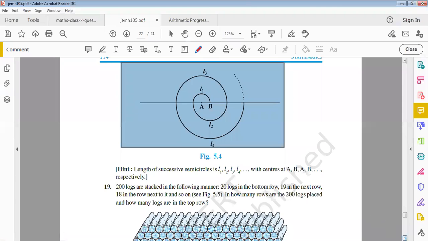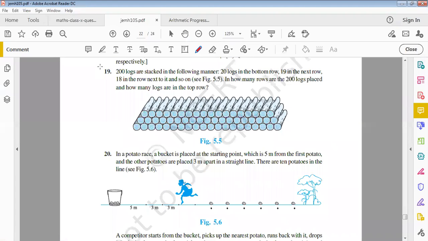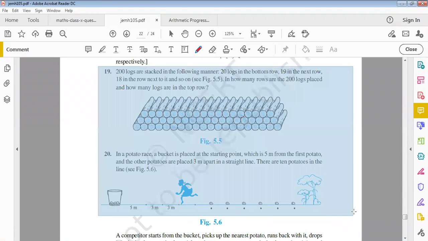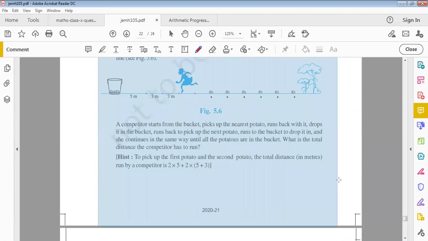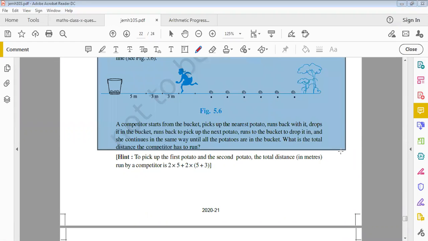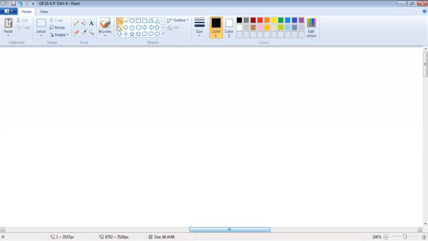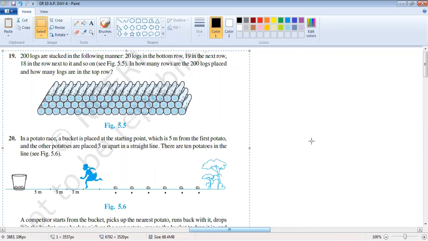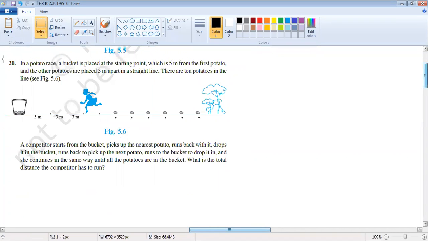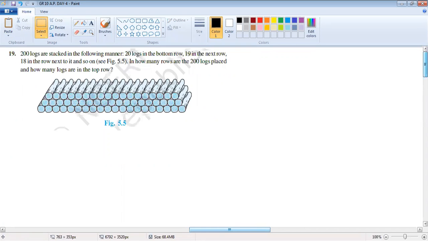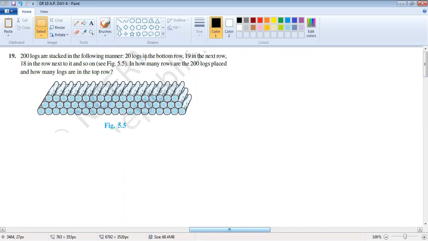Right. Now, next one, there are two more models. 200 logs are stacked in the following manner: 20 logs in the bottom row, 19 in the next row, 18 in the next row, and so on.